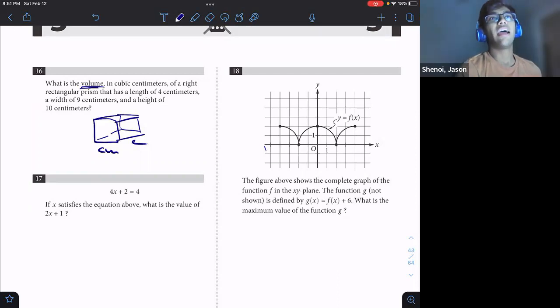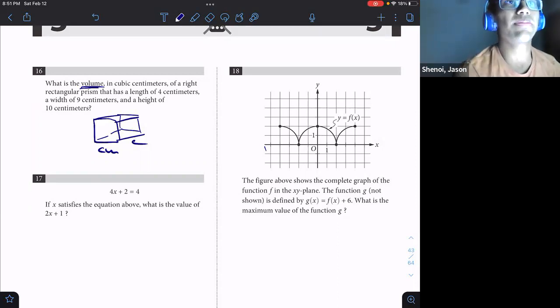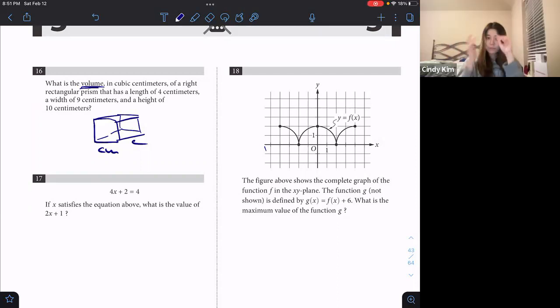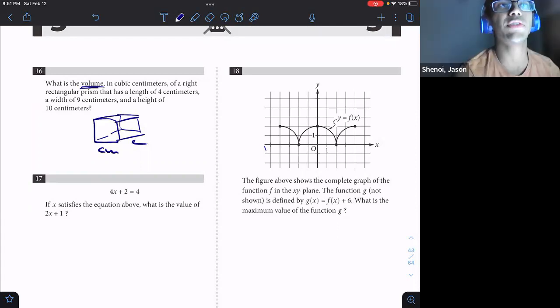Think about it. How would you solve for the area of something if they only gave you the length and width? The area of a square.